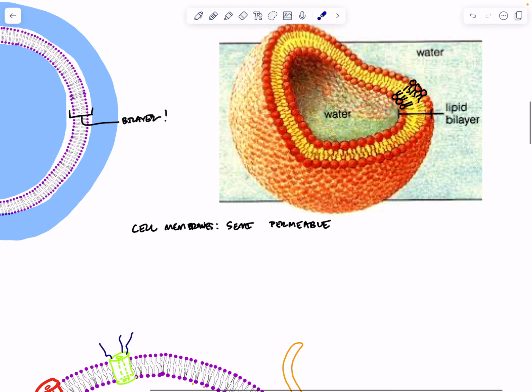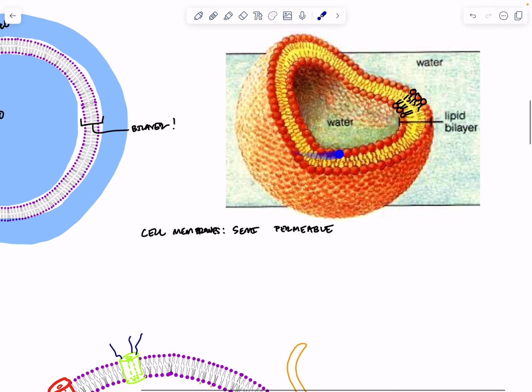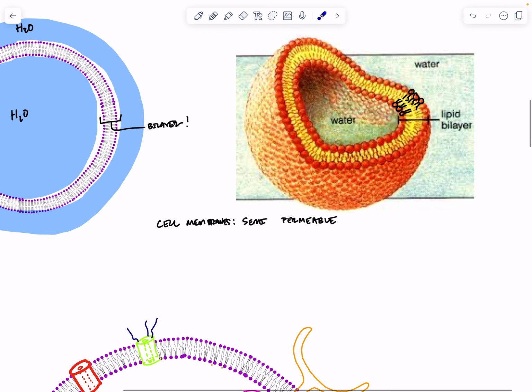And we're going to talk a lot more about what can pass through easily and what needs help getting into and out of the cell. So more on that to come. This idea that a cell membrane is semi-permeable, it's not going to allow certain things to pass through, but it will allow other things to pass through.